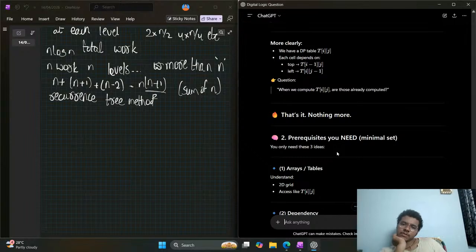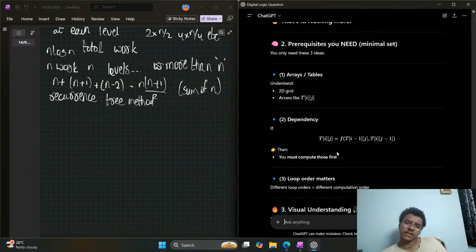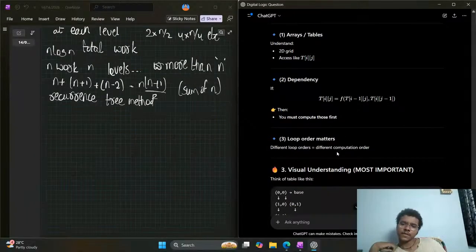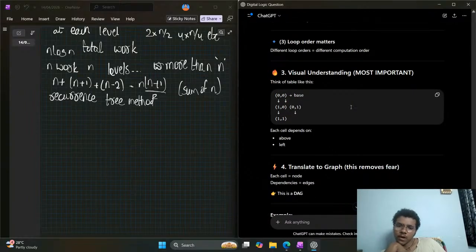Each cell depends on top, left. When we compute the table, we understand the grid access like the T of i, j dependency. If T of i, j is equal to f of T of i minus 1, j, T of i, j minus 1, you must compute those first. Loop order matters. Different loop orders mean different computation order.